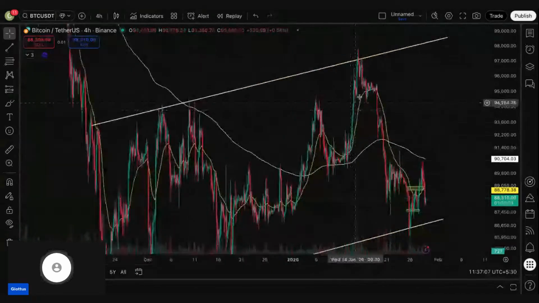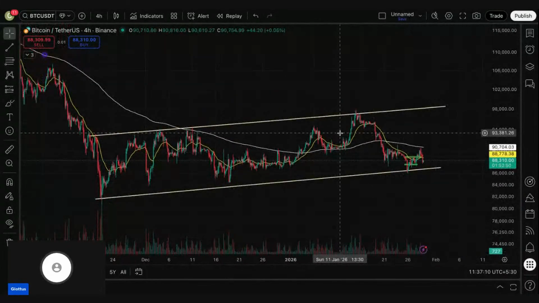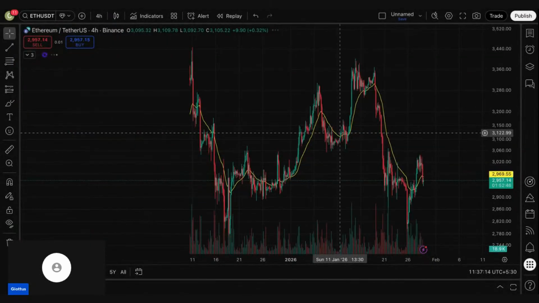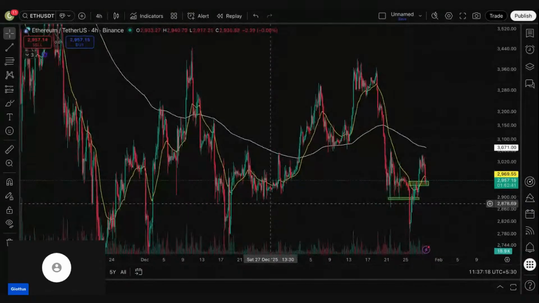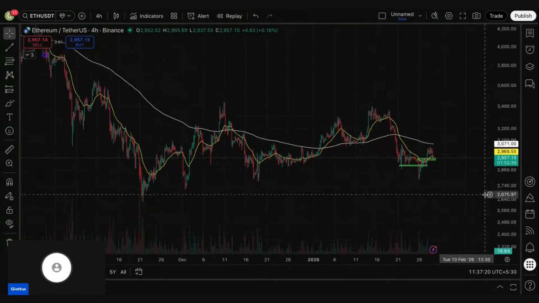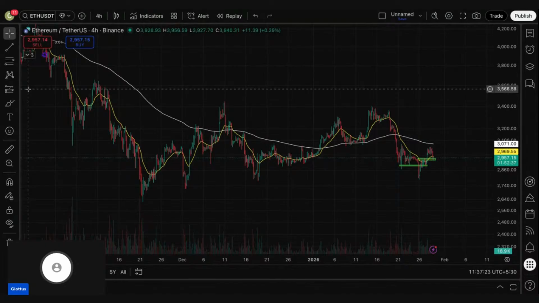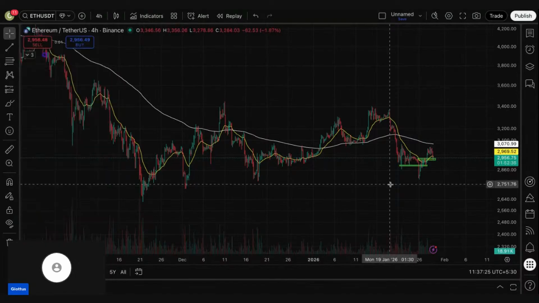So overall, the price action doesn't seem to be that great. It's quite weak indeed. It has not done very well. If you look at Ethereum, it is also having a slightly sideways kind of overall price action.